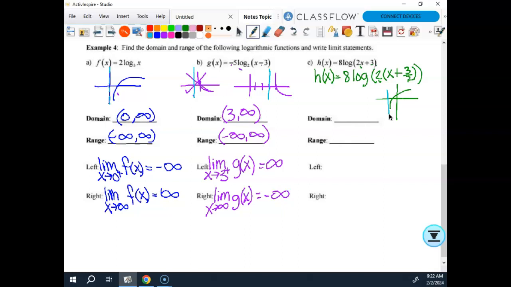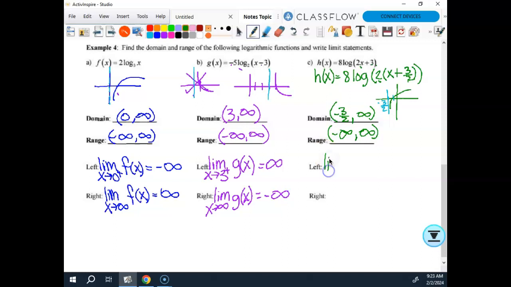So where is that asymptote? Negative 3 halves, right? Because I shifted this, but remember this was at 1, it wasn't at 3, it wasn't at 0. So when I shift to the left 3 halves, this is now at negative 3 halves. So my domain starts at negative 3 halves, goes to infinity. My range is the same.